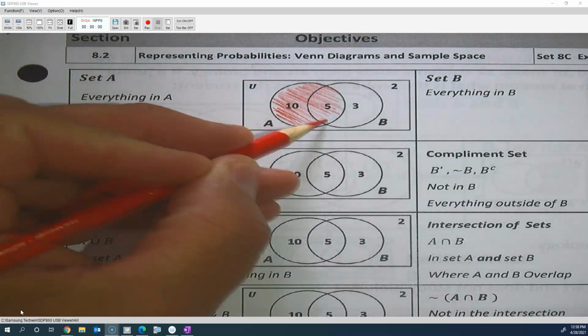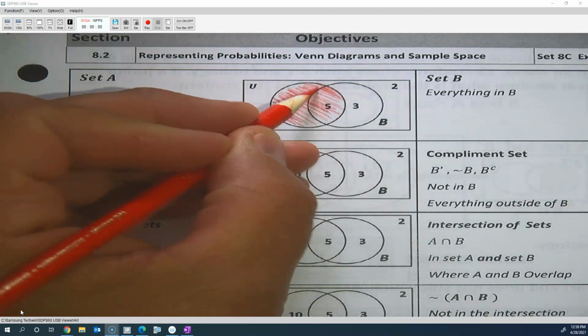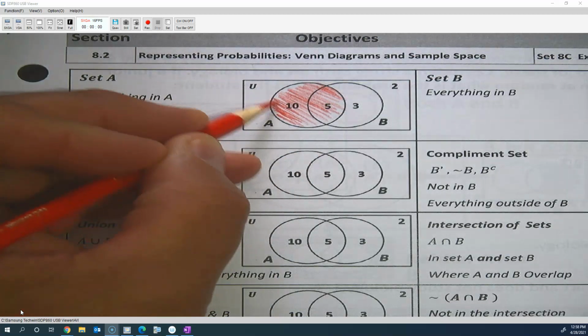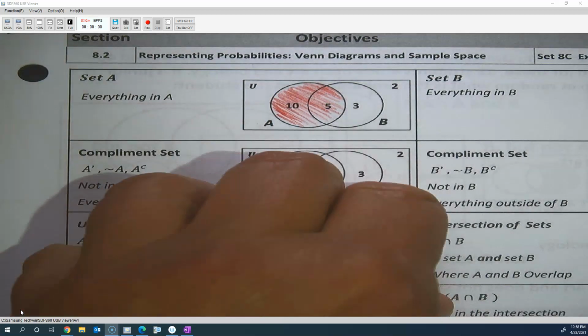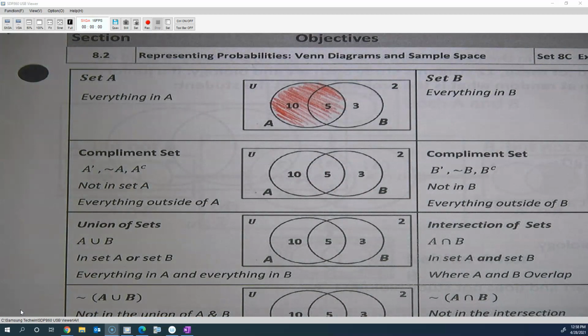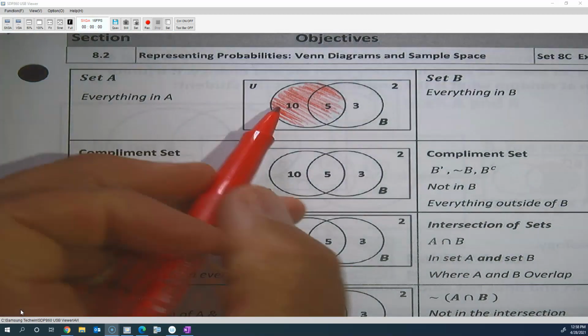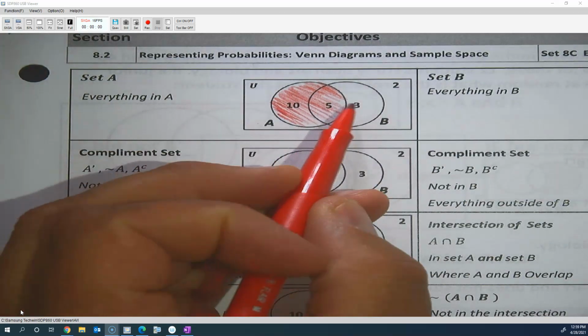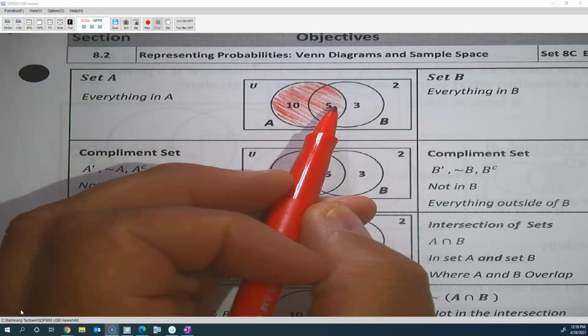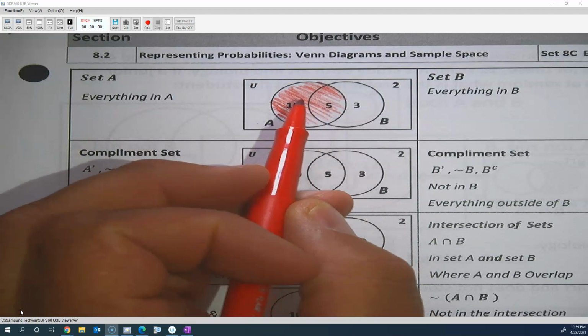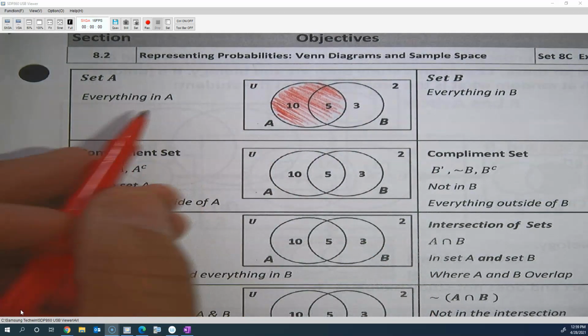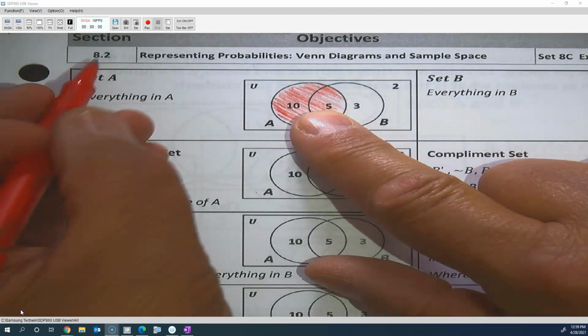All right, so if you looked at this, all together in set A, there's 15 items. The way that you indicate that is because there's 10 here, and then there's 5 other items that are also in B at the same time they're in A. So altogether in A, there is 15 items.